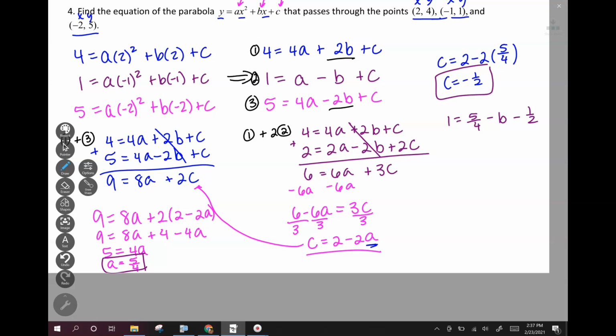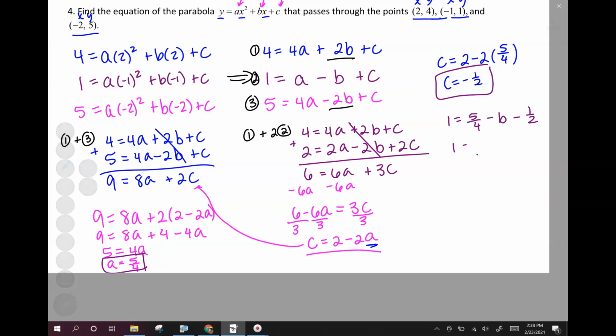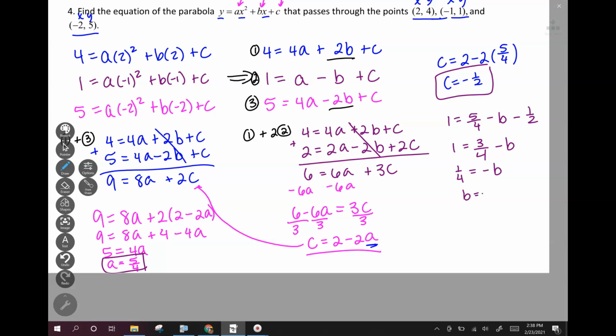And I'm going to solve for b. So I've got 5/4 minus 1/2. So that's 3/4. Subtract the 3/4 over, that gives you 1/4 equals negative b, so b equals negative 1/4.